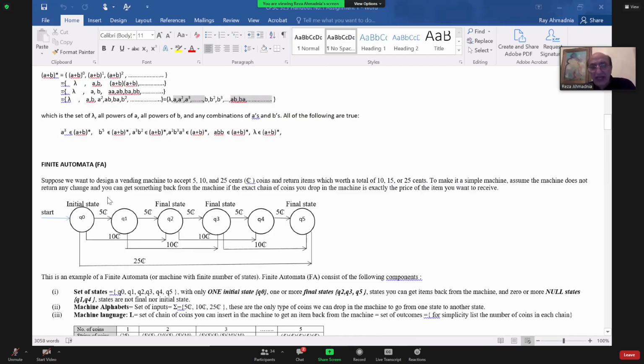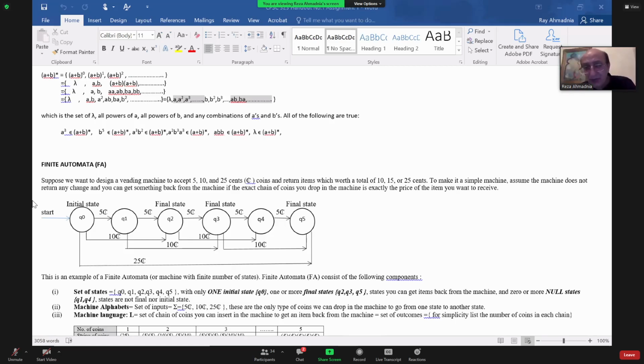Okay, so any finite automata consists of the following pieces: a set of states Q0, Q1, Q2, Q3, Q4, Q5, in which there is only one initial state, meaning there is only one place you can drop your coin. It is called the initial state.